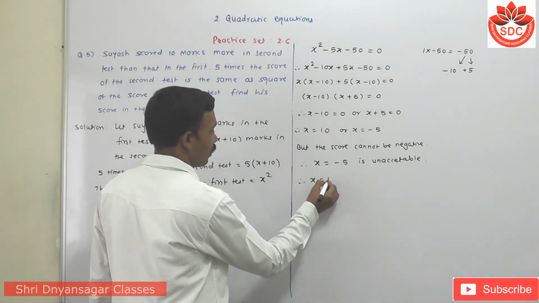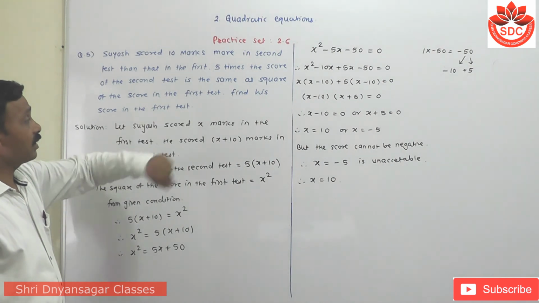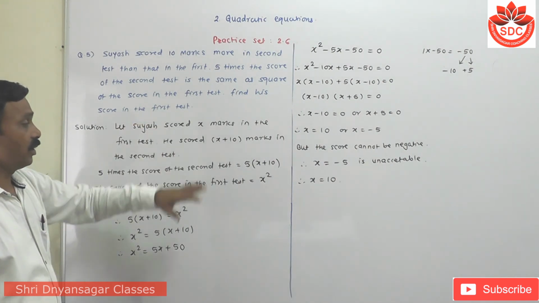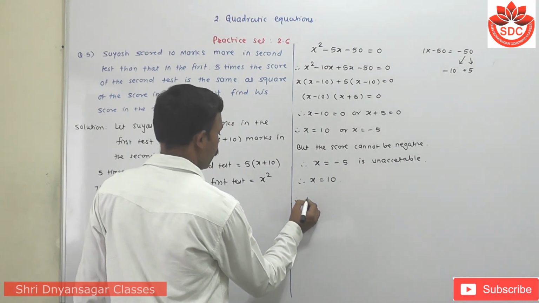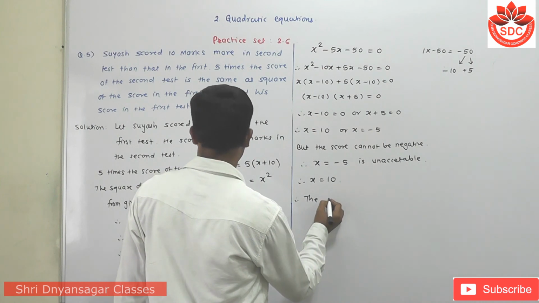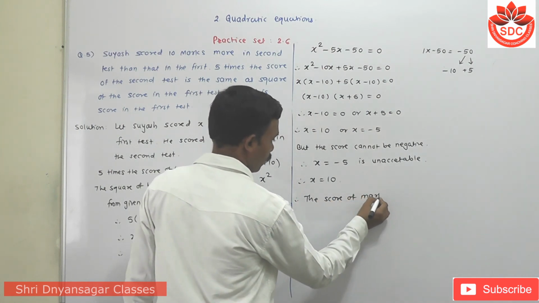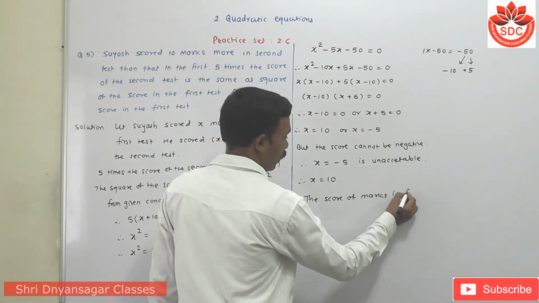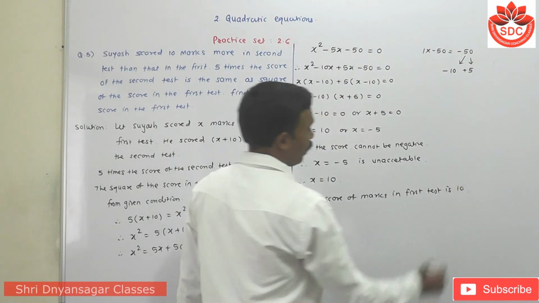Therefore, x is equal to 10. Therefore, the marks scored in the first test are 10 marks. Answer in a full sentence: the score in the first test is 10. Can you understand?